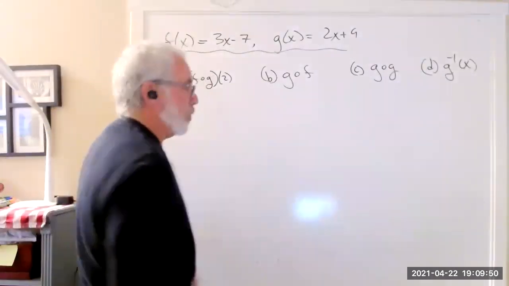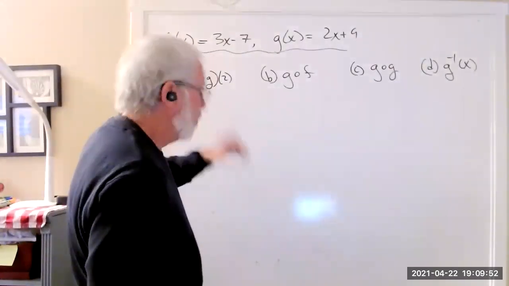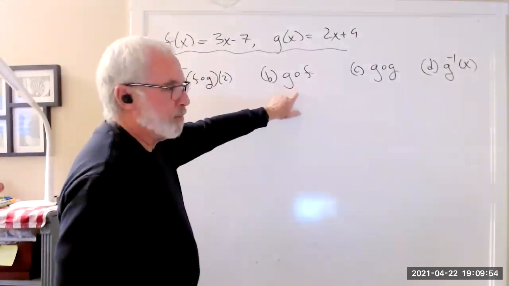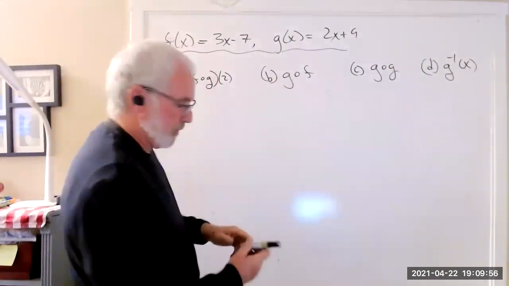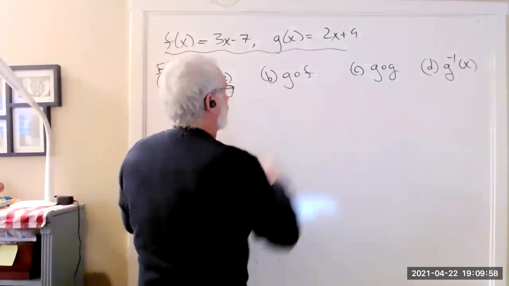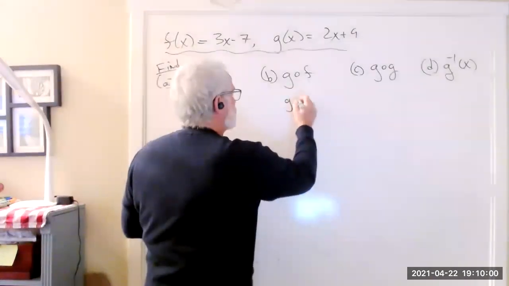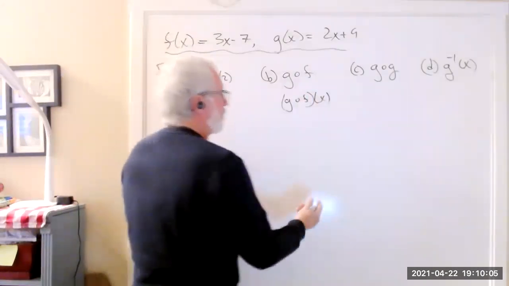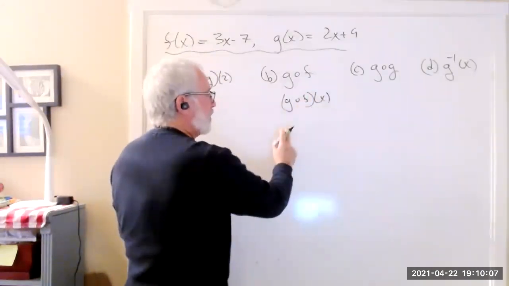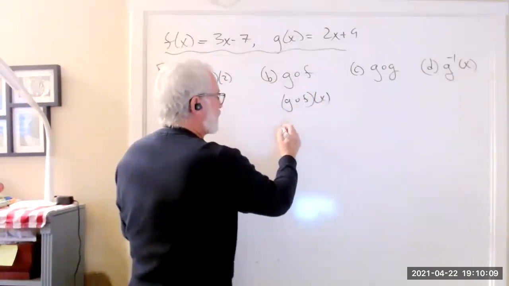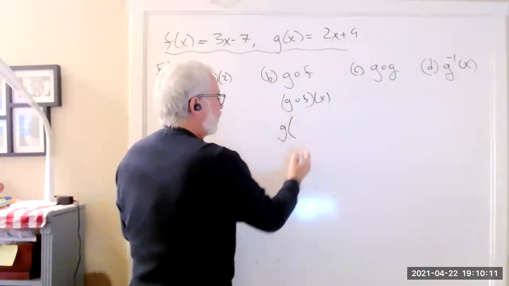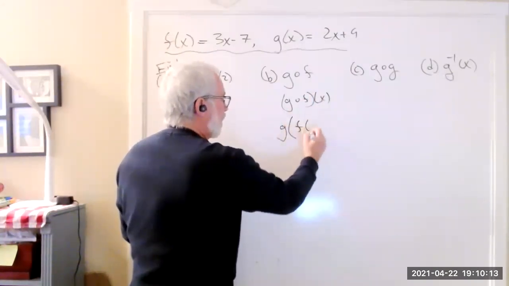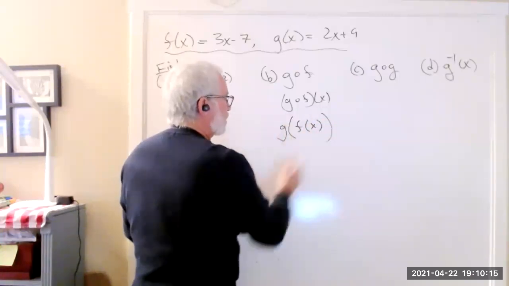Little quickie review. Let's go to B for just a second. When I write g composed with f, it is also the same as g composed with f of x. The x is assumed there. So this stands for g of f of x.